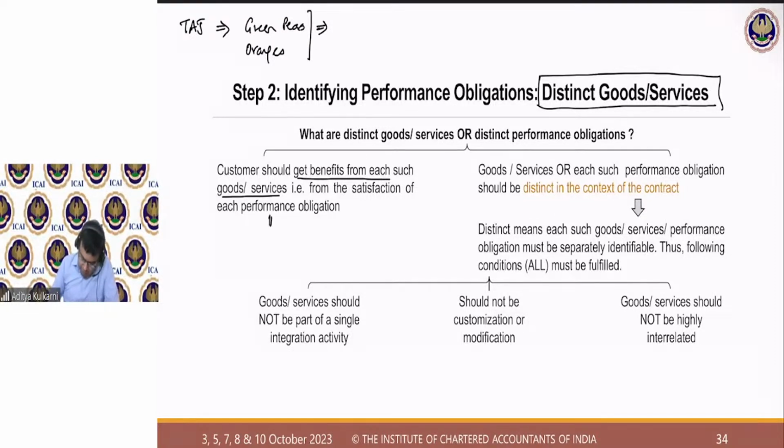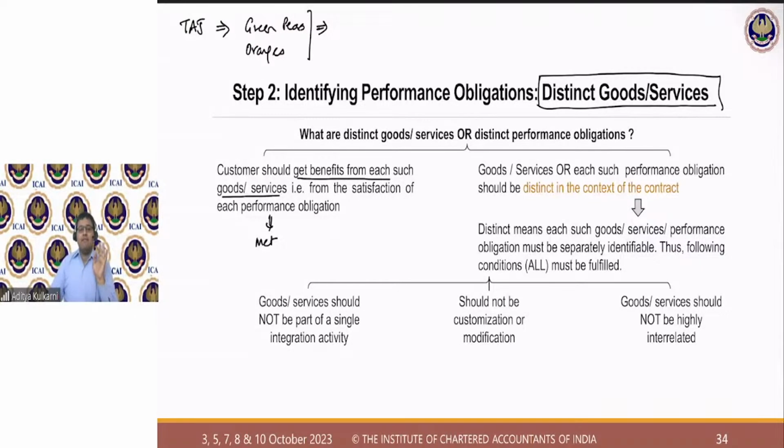And therefore, is this condition met? Answer is yes. I am supplying goods, green peas. Taj is getting benefit from that. I am supplying oranges.